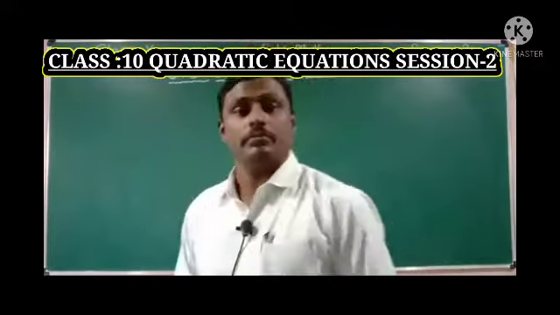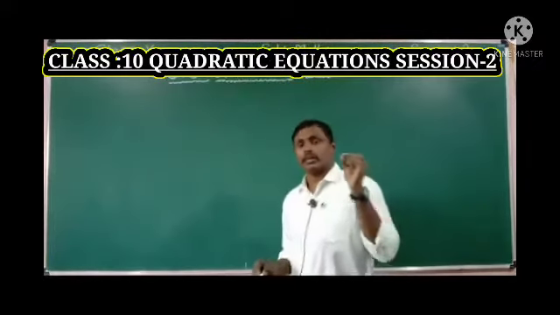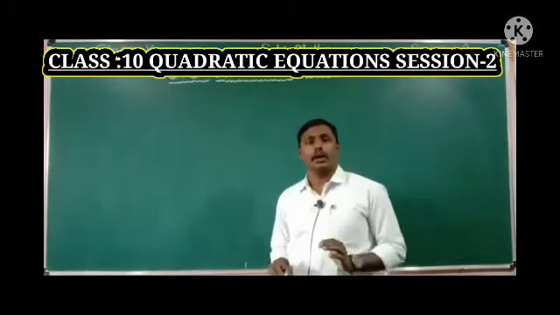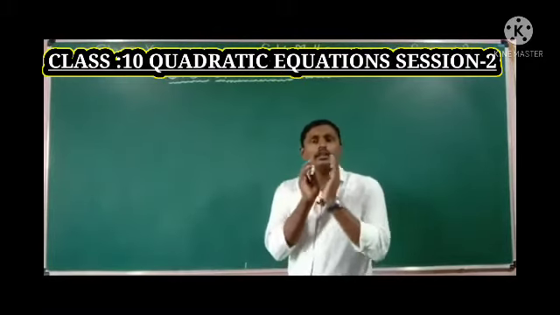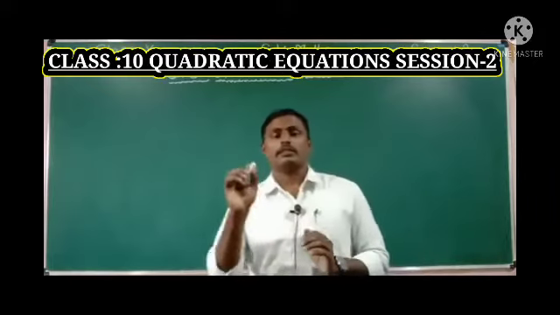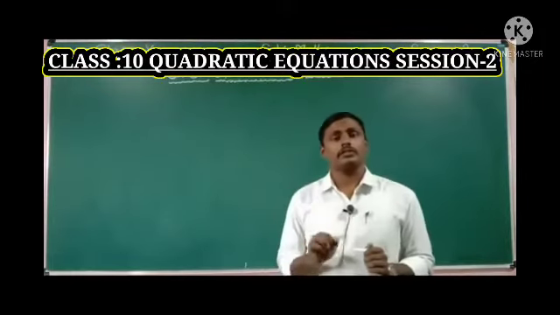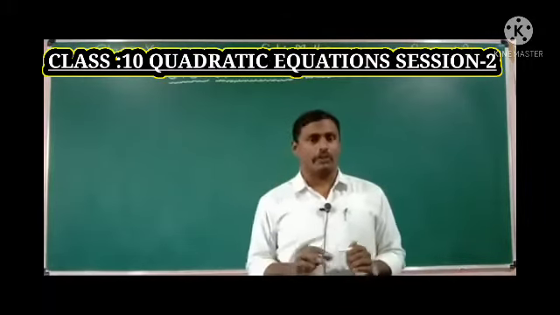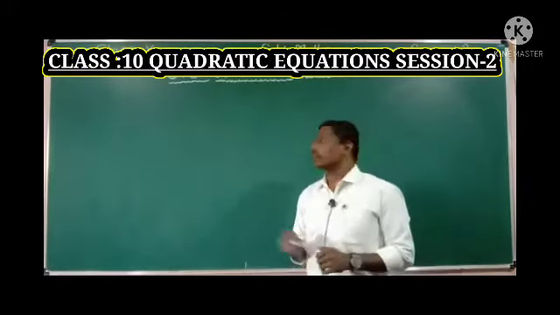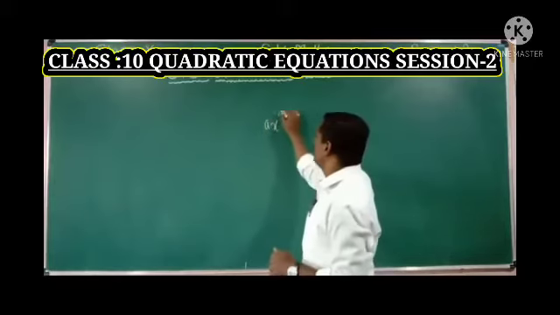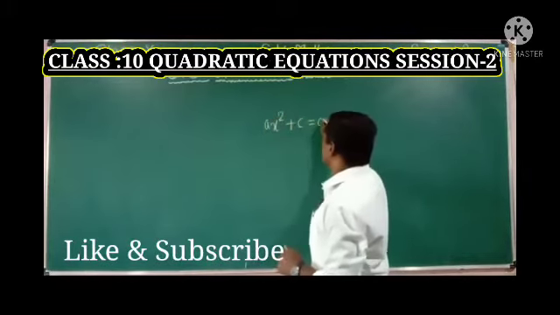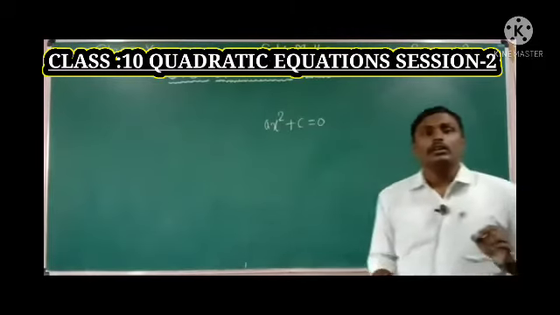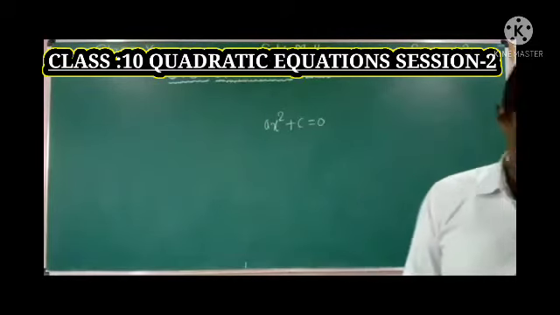Quadratic equation, the standard form is ax square plus bx plus c is equal to 0. In that, ax square plus c is equal to 0 means we call that quadratic equation a pure quadratic equation. For example, ax square plus c is equal to 0 is the standard form of the pure quadratic equation.